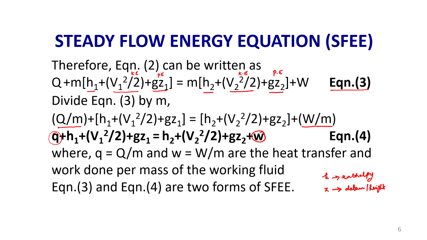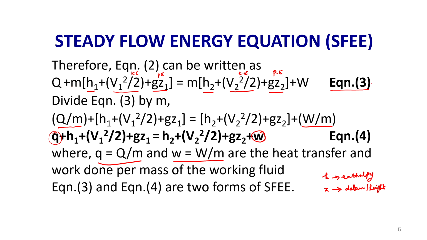Remaining quantities I have written: H1 plus V1 square by 2 plus g Z1 is equal to H2 plus V2 square by 2 plus g Z2. There is no change. This is equation number 4, where small q is equal to capital Q by m and small w is equal to capital W by m, the heat transfer and work done per unit mass of the working fluid.